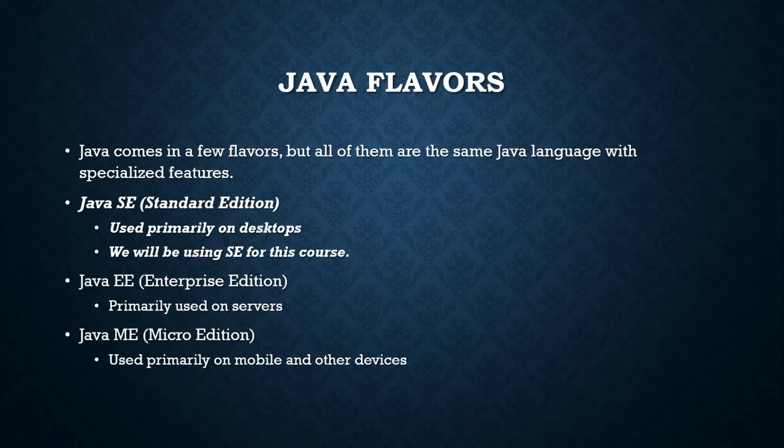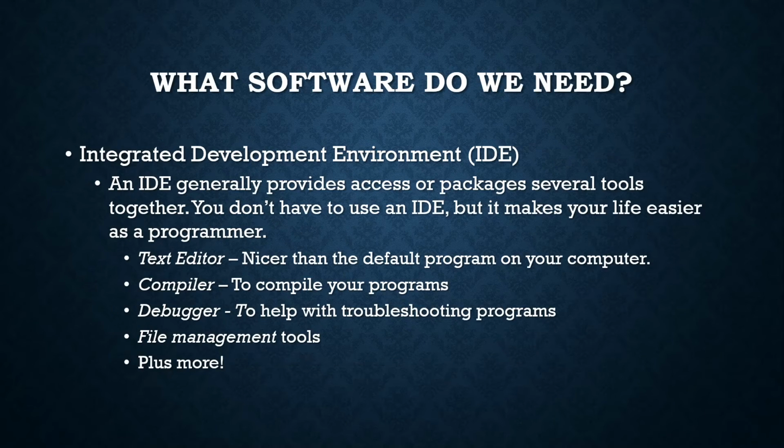So in addition to the Java Development Kit, which is the base, that's actually the Java language, we probably want some tools to make programming Java easier. Technically, we could install the JDK and run a lot of commands from the command prompts on our computer, from the console windows. But most programmers don't do that anymore. We use something called an Integrated Development Environment, or an IDE.